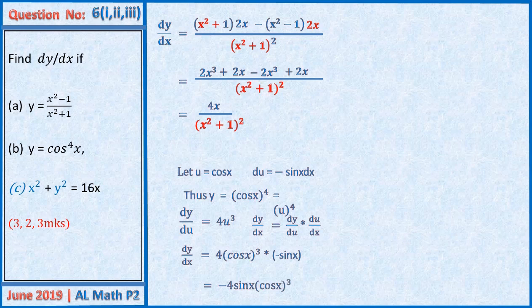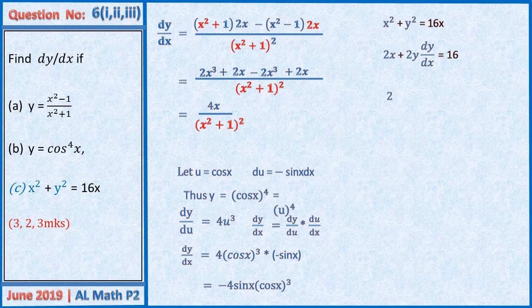Then for the last one, we have x squared plus y squared equals 16x. So differentiating, we have differentiating x squared, we have 2x, differentiating y squared, we have 2y dy/dx, is equal to 16.